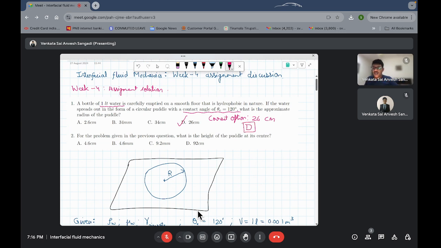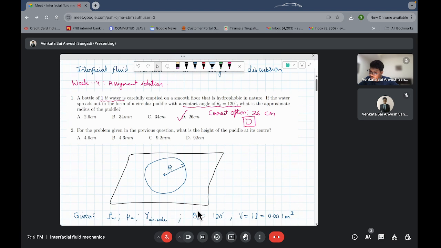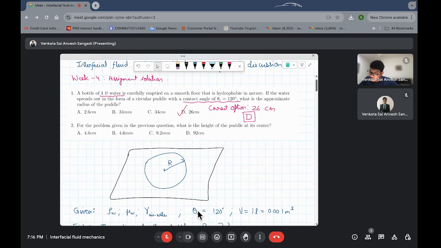There is a connected problem which says, for the problem given in the previous question, what is the height of the puddle?